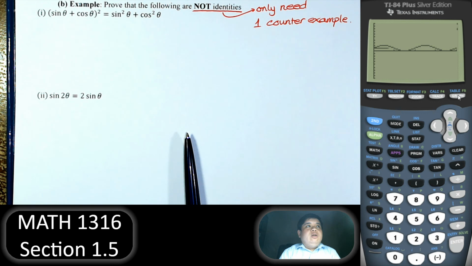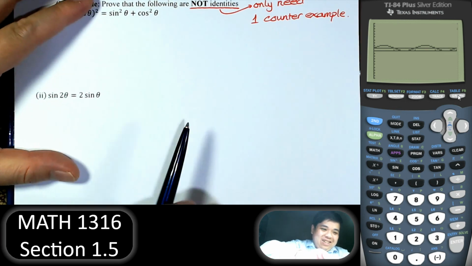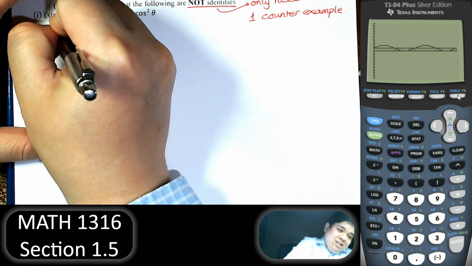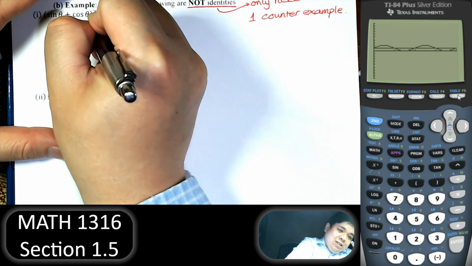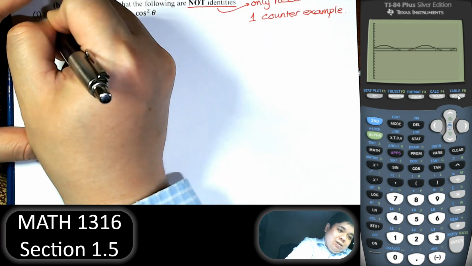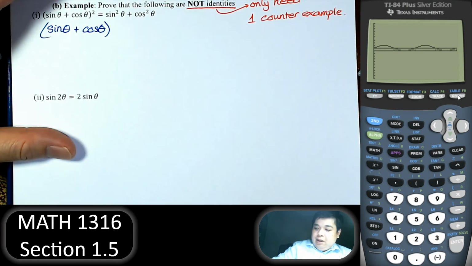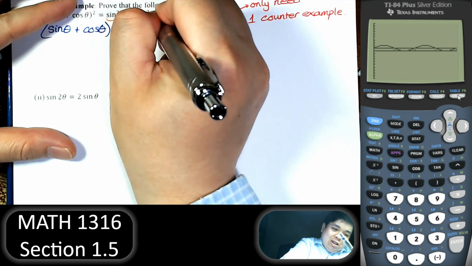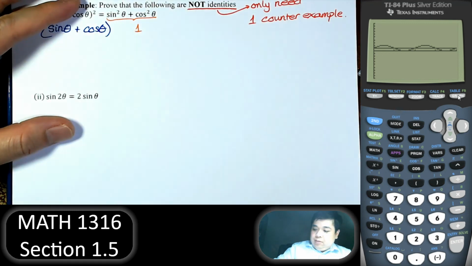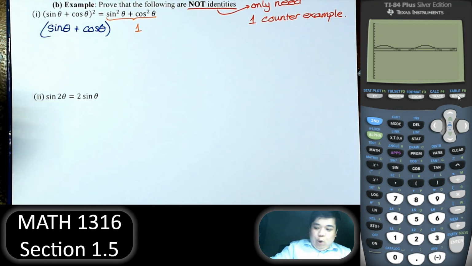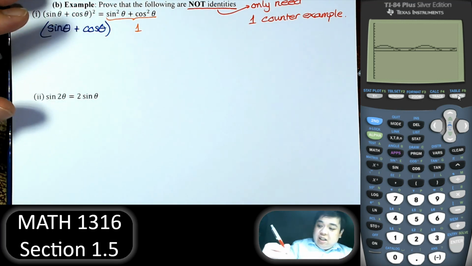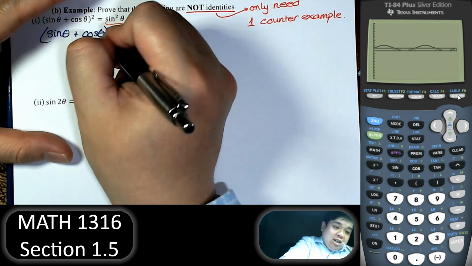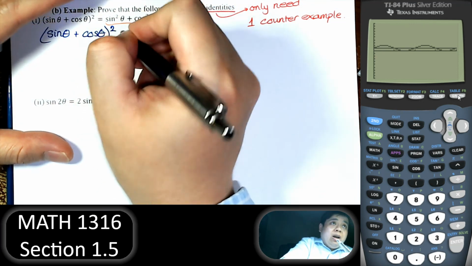The other function looks like that, which is 1, because this is equal to 1. So we prove that this is not an identity, meaning that we show that this is not always equal to 1.